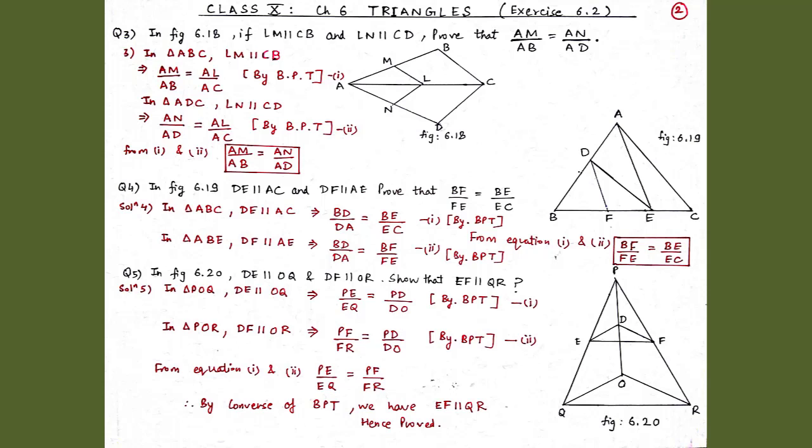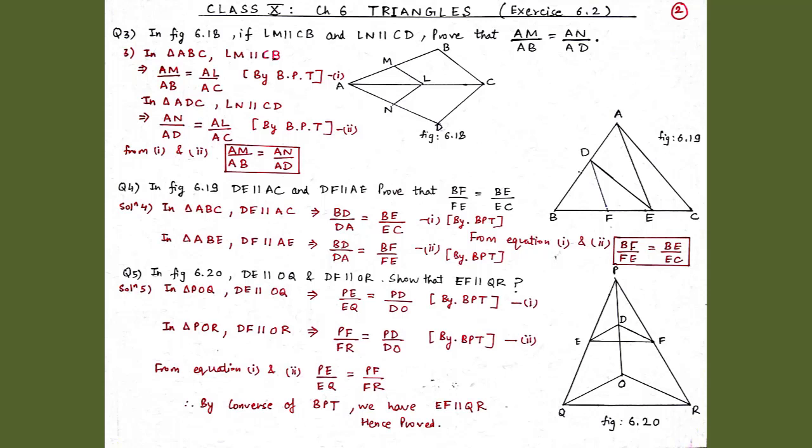This is also given in our question. So again, by basic proportionality theorem, we can write it as BD upon DA is equal to BF upon FE. So from equation 1 and equation 2, we get BF upon FE is equal to BE upon EC, and hence proved.